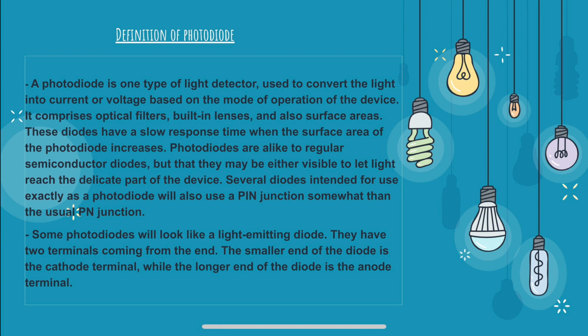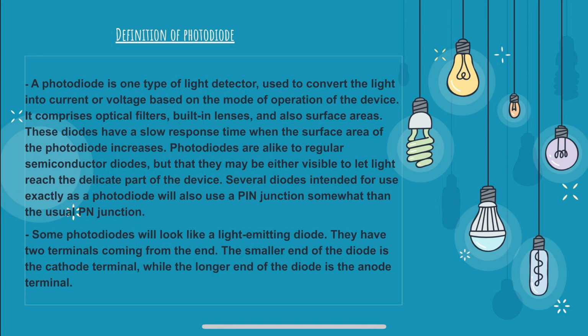Photodiodes are similar to regular semiconductor diodes, except that they may be either exposed or packaged with a window to let light reach the sensitive part of the device. Several diodes intended for use as a photodiode will also use a PIN junction rather than the usual PN junction.